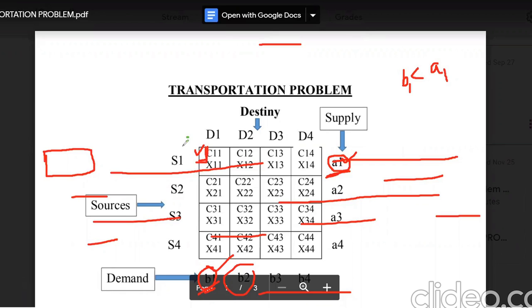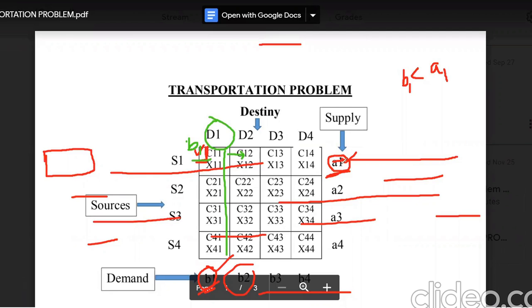B1 is the demand for the destination D1, so the demand of destination D1 has been totally fulfilled. Then you cancel out this column, because the demand for the destination is already fulfilled. Then you move to the next cell.